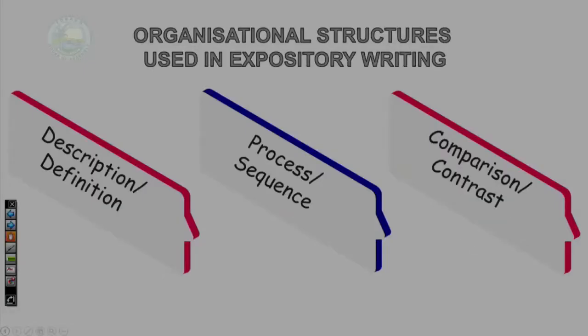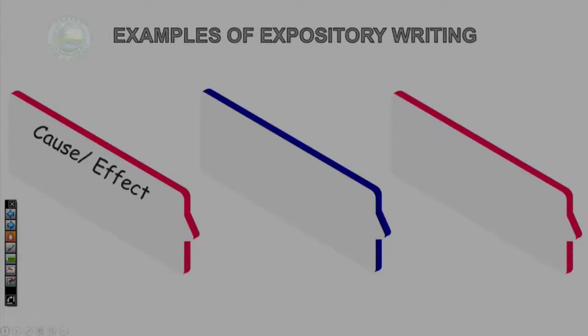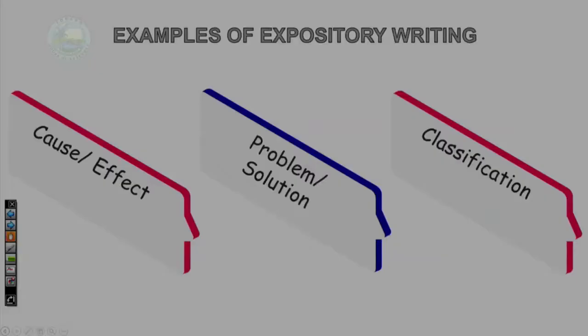When we're doing a comparison and contrast, you're looking at two or more things and you want to see similarities and differences. The purpose again is to give you information about these two things. Cause and effect is another example of expository writing, along with problem and solution, as well as classification.